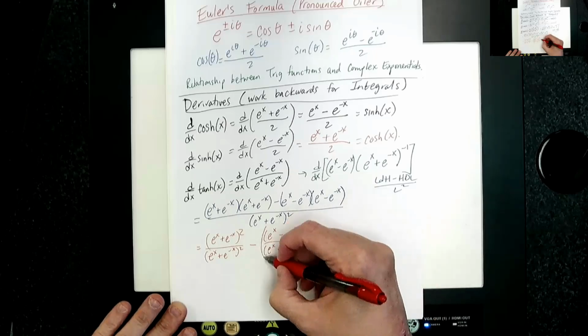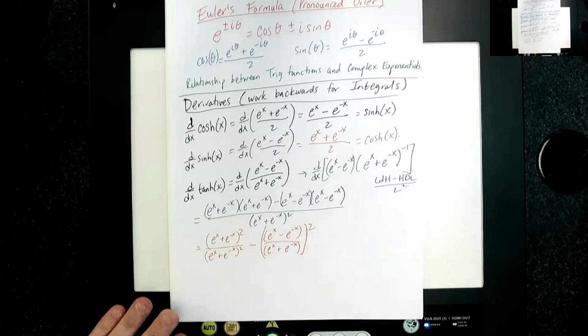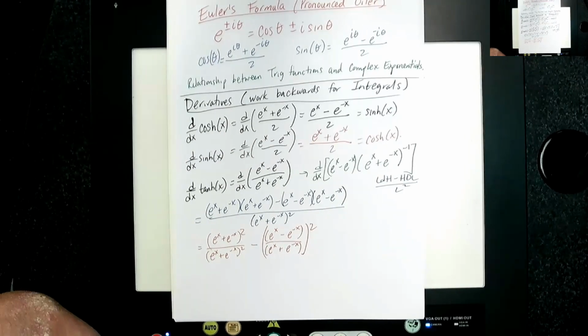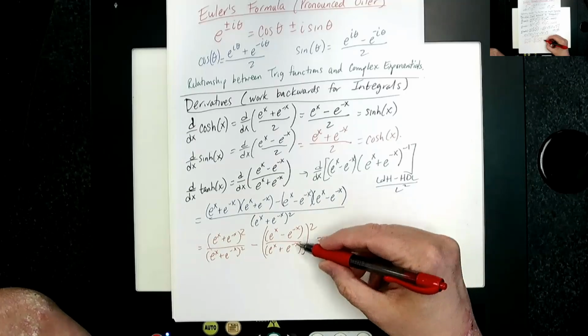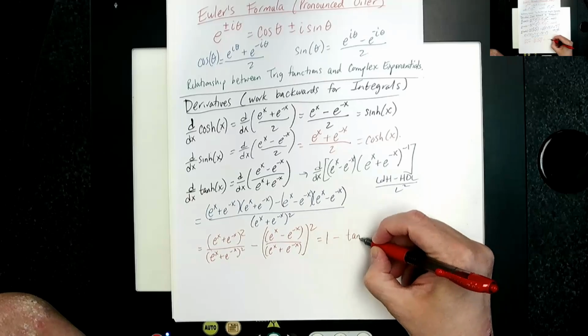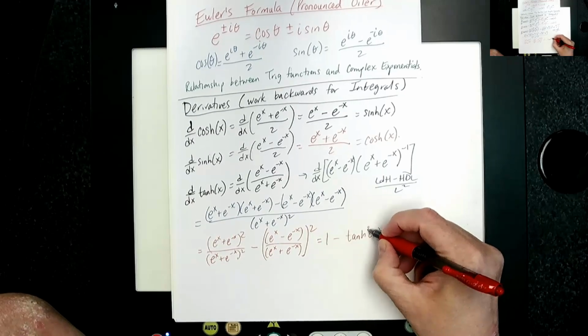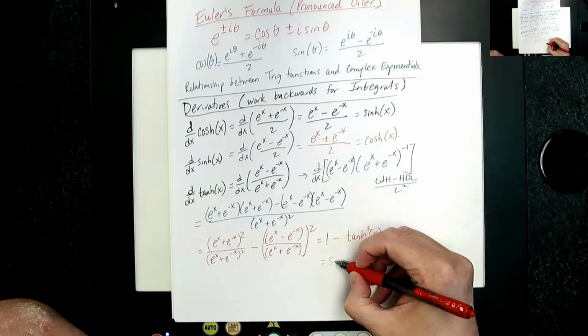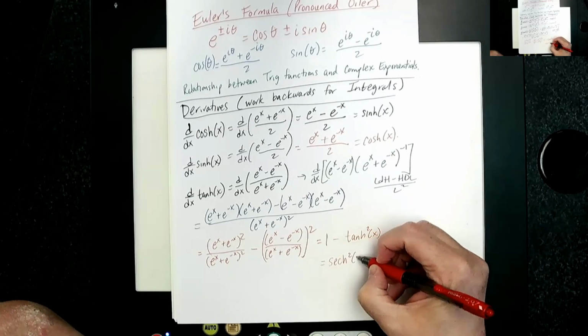And I'm going to put the square on the outside here. They're both squared, so I can move the square outward. This is 1 minus, that's the formula for tanh x, and it's squared. And that is sech squared.